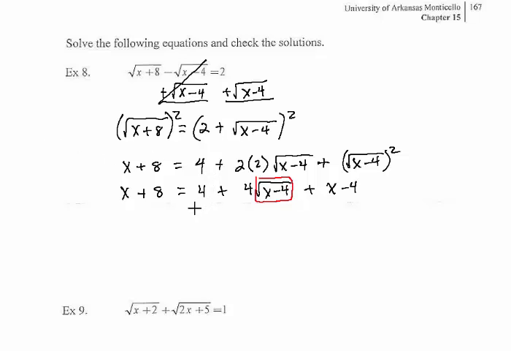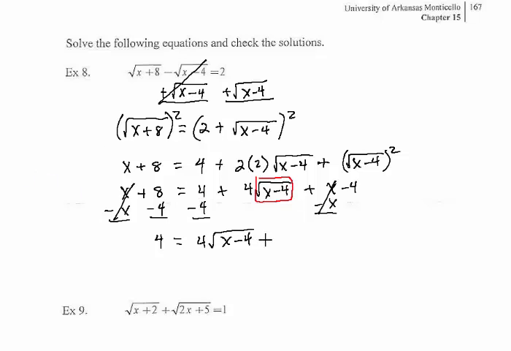Alright, to do that, we subtract 4 from both sides. We can move this x along with it, and let's see, these x's cancel on the left, and we get 4 equals 4 times the radical, and these x's cancel, and you see I still have a minus 4 on the right.